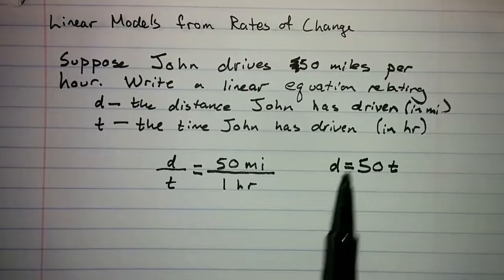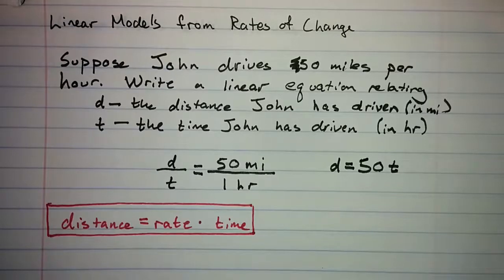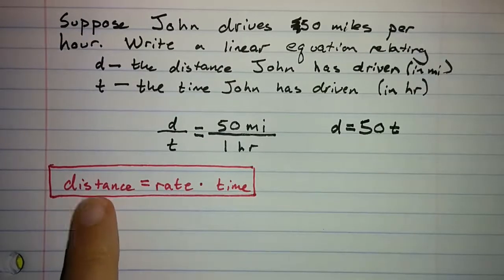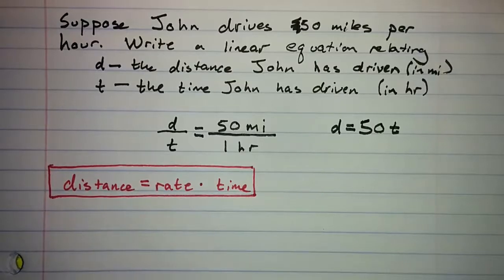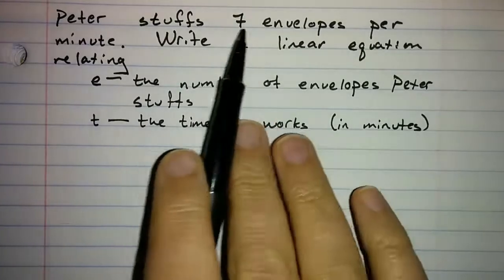This gives us an equation that you might have seen at some point: distance equals rate times time. We can think of these rates, though, in a more general way. It doesn't always have to do with distance. Suppose Peter stuffs envelopes at a rate of 7 per minute.